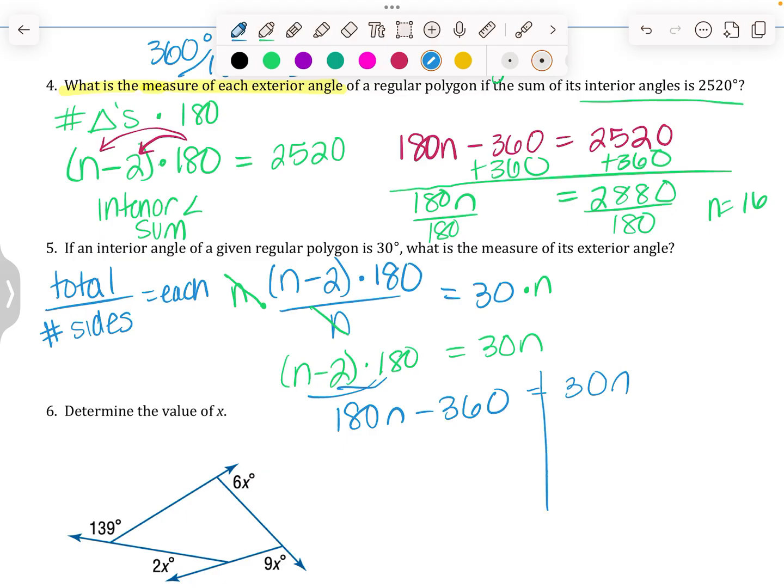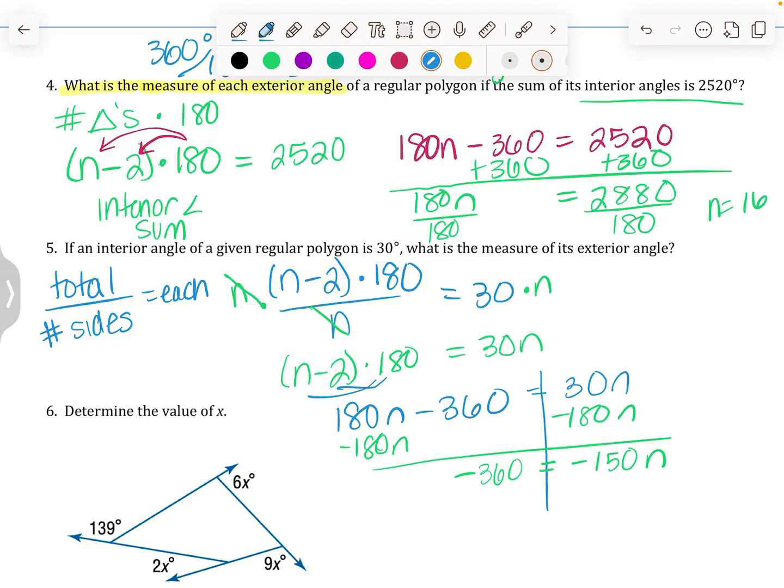Now you have n's on both sides. You've got to get all your n's on the same side, so you're going to have to subtract 180n on both sides. That's going to leave you with negative 360 equals negative 150n.